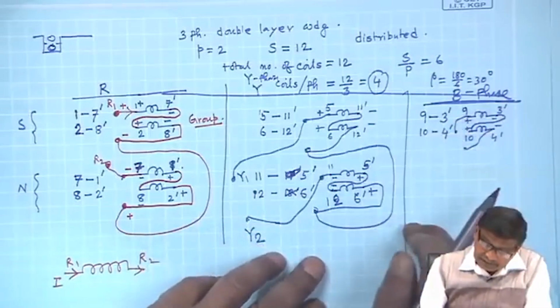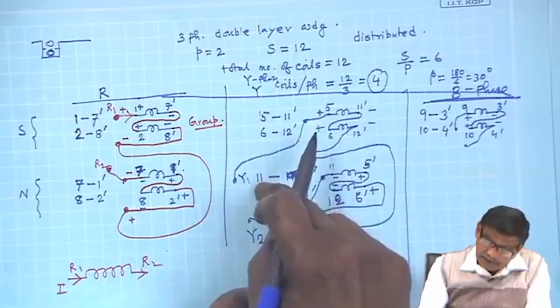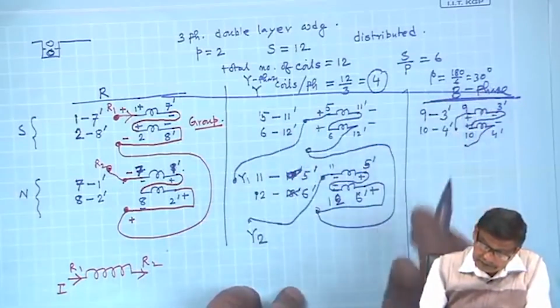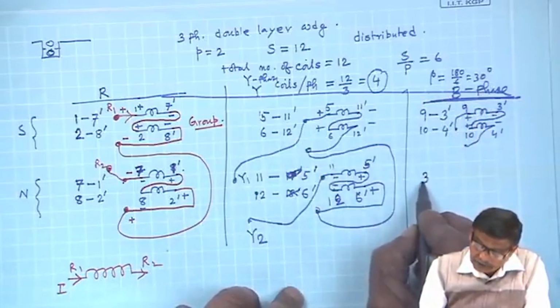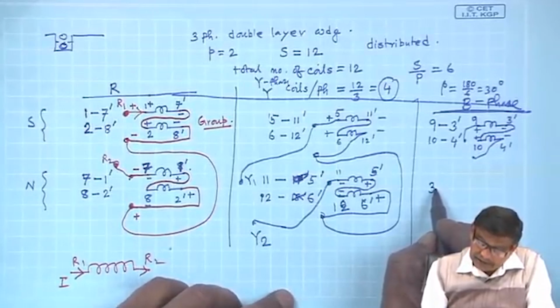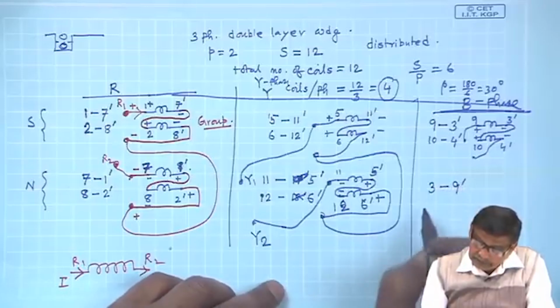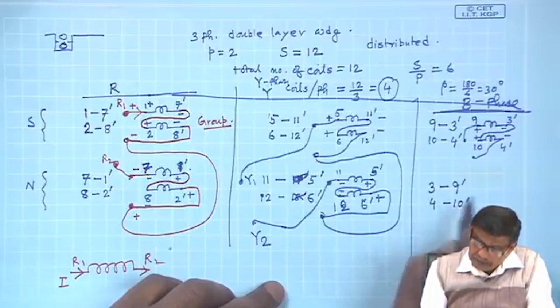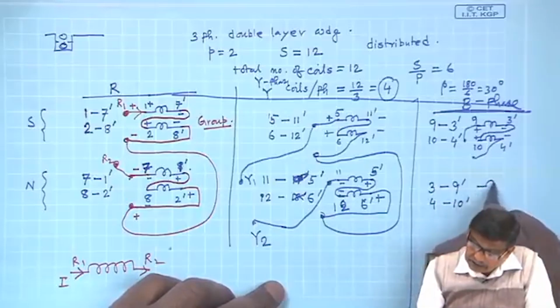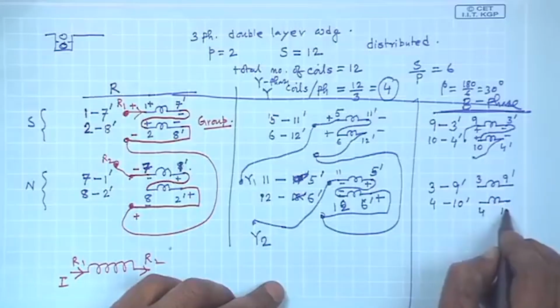Then the next group, it will be 9 plus 6, 15, but there is no 15, it should be 3. And if it is 3, then 3 plus 6 is 9 dashed, second group, and then 4 10 dashed, and symbolically it will be 3 9 dashed and 4 10 dashed.